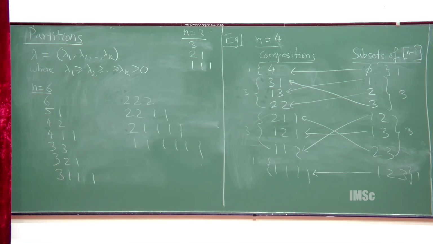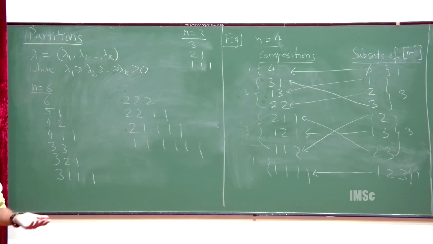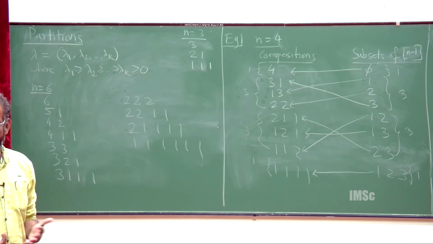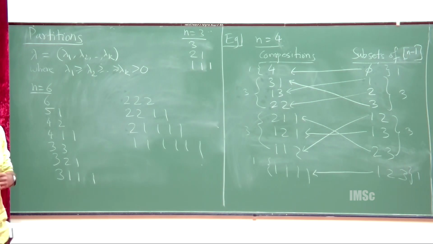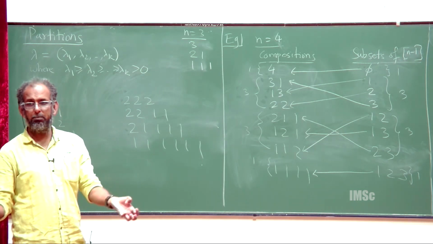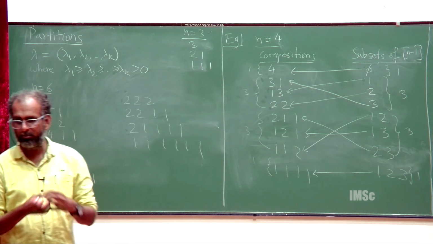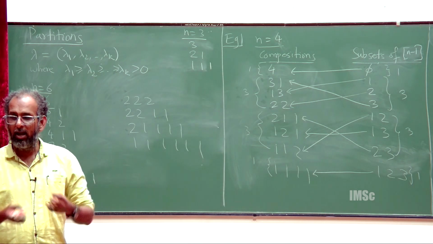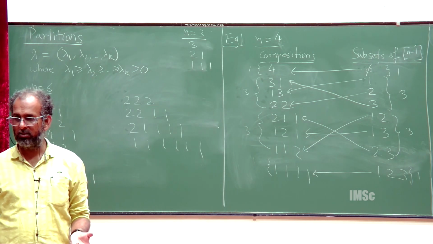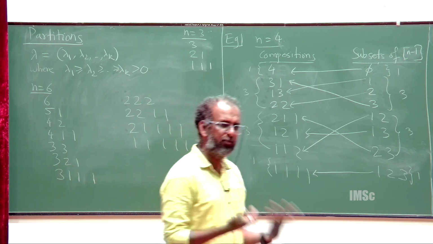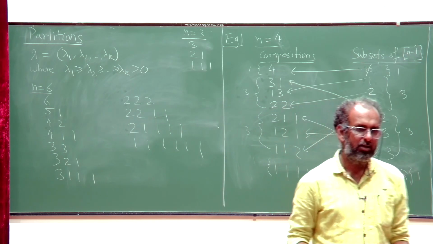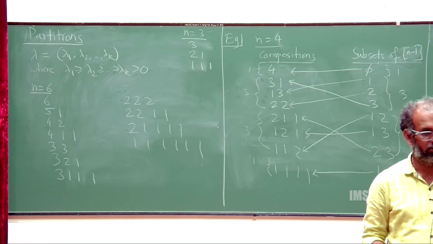The way to think about partitions, as I said at the beginning, is as the additive analog of primes. A partition tells you how an integer can be broken up into pieces, and we don't care about the order of the pieces. So 4 plus 1 plus 1 is the same for us as 1 plus 4 plus 1, which is the same as 1 plus 1 plus 4.